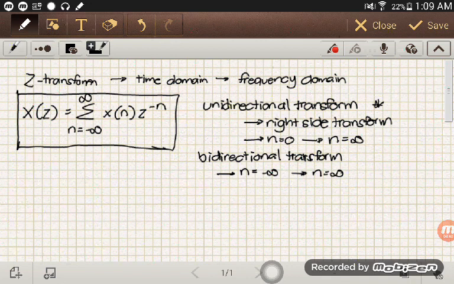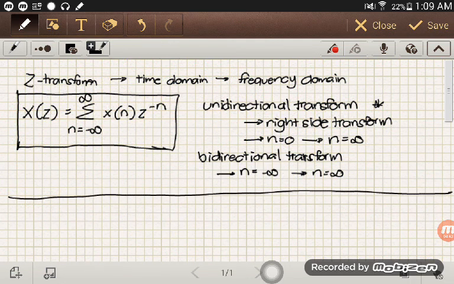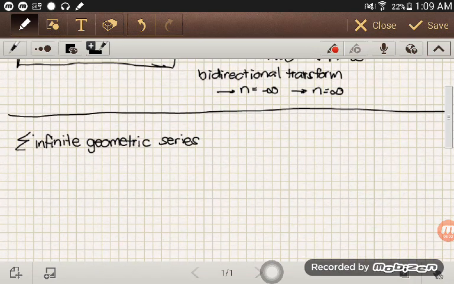But before we begin, I want you to recall your summation of infinite geometric series. If you remember your infinite geometric series, this is what we do when, let's say, you have a specific variable, let's say your variable is a, and you keep on multiplying it by a constant or common term, let's say a common term r.